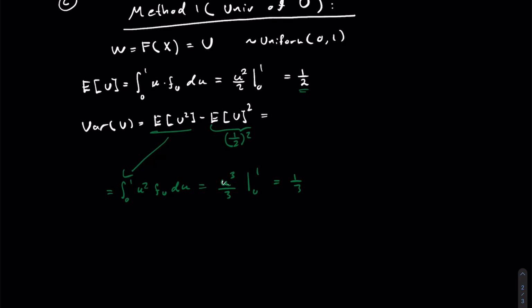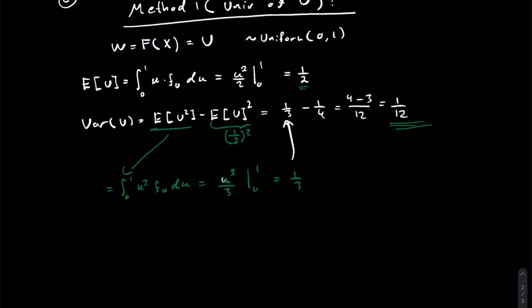And so going back up to this calculation here, we have 1/3 minus 1/4, and that is 4 minus 3 over 12, which is 1/12. And that is the variance of the uniform.